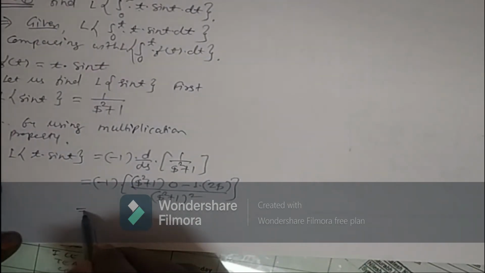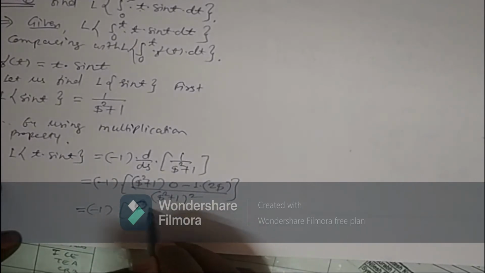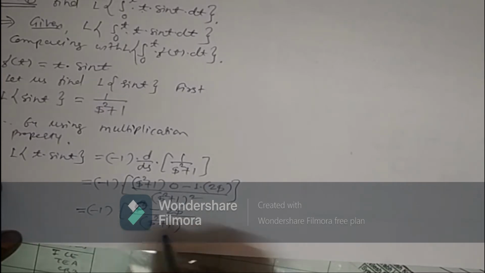Now simplify this: this will definitely be 0, so here you will get minus 2s upon s square plus 1 whole square.